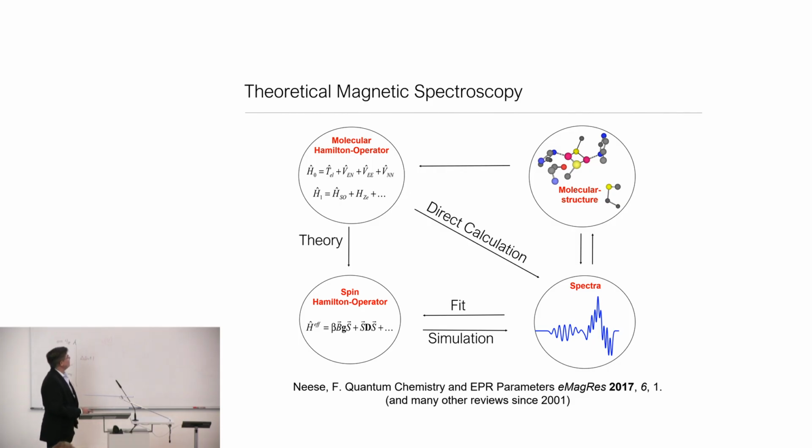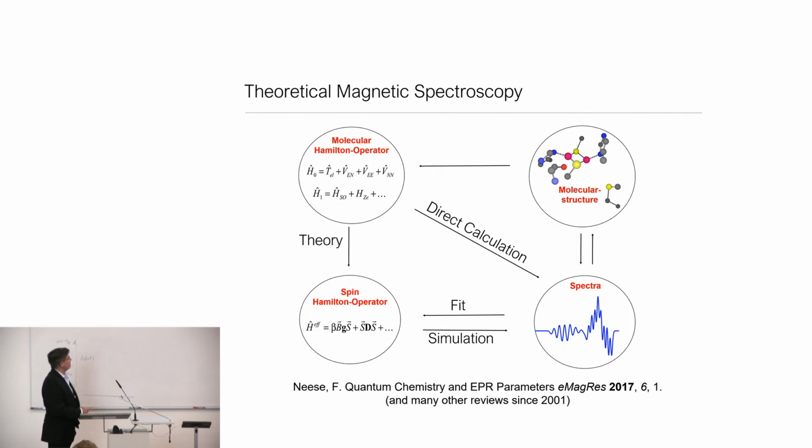And so the great thing about that is that it leads to Schrödinger equations that can be very easily solved, either by hand or with a computer. And the price that we have to pay for that simplicity is that we have to introduce these parameters, the g matrix, the zero-field splitting tensor, hyperfine tensor, etc. And so we get numerical values for those by fitting them in comparison with the experimental data.